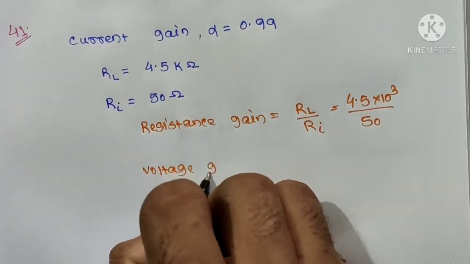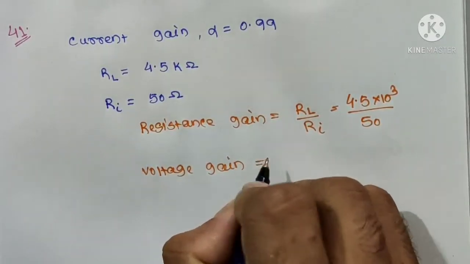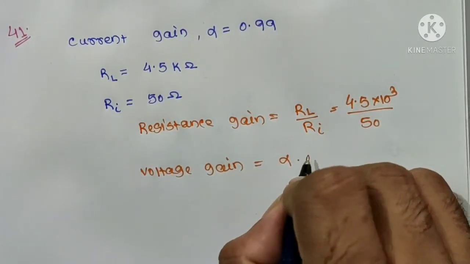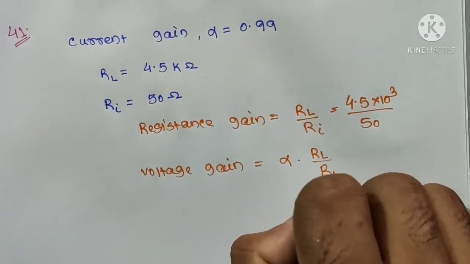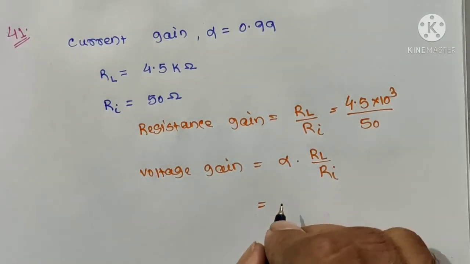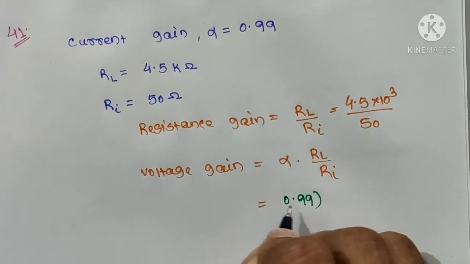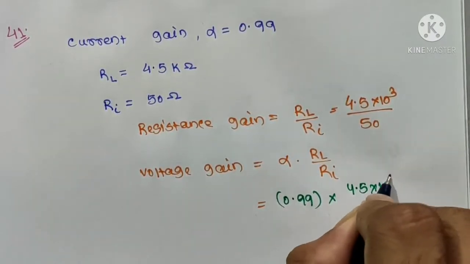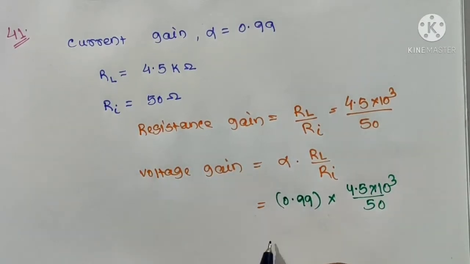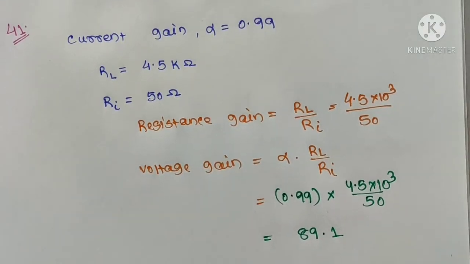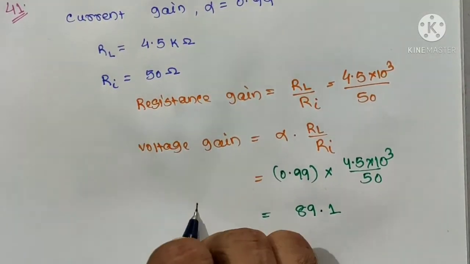Voltage gain is given as current gain times resistance gain, that is RL by Ri. So alpha is 0.99, multiplied with 4.5 into 10 to the power 3 by 50. Now we can calculate it. It is equal to 89.1. So your correct option is option A.